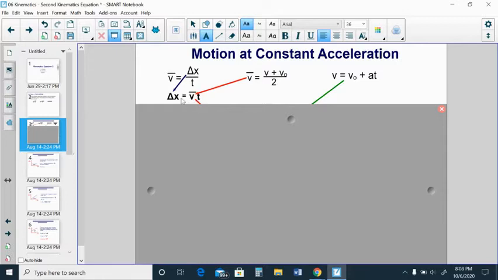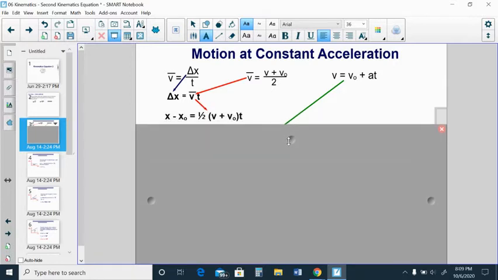Now, here we have average velocity. What we're actually going to do is sub in this equation for the average velocity variable here. Another thing that we're going to do is also write out change in displacement. If you're writing a change in something, it's going to be the difference between the final and the initial condition. So on this side, we have our final position minus initial position.